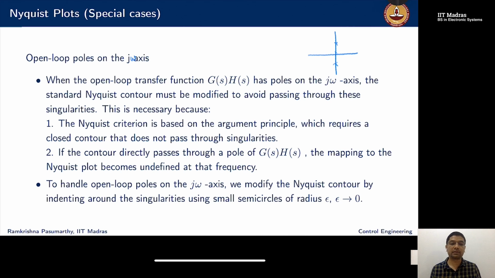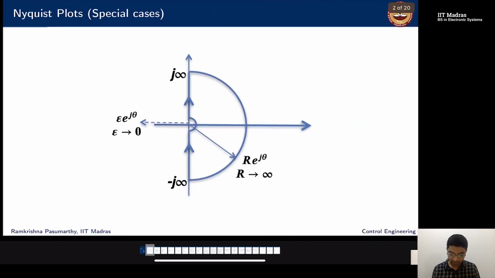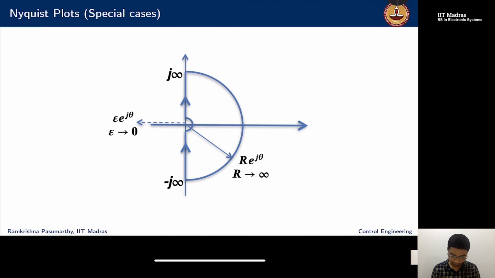To handle such open loop poles on the j omega axis, we are only worried about poles of the open loop on the imaginary axis. In that case, we modify the Nyquist contour by passing around the singularities using small semicircles of radius epsilon as epsilon tends to 0.